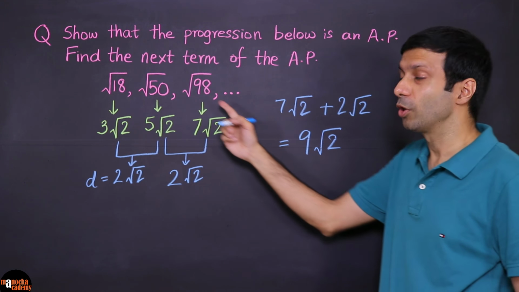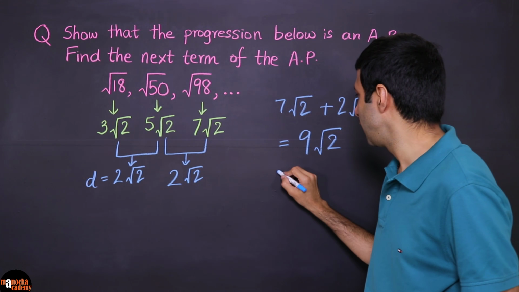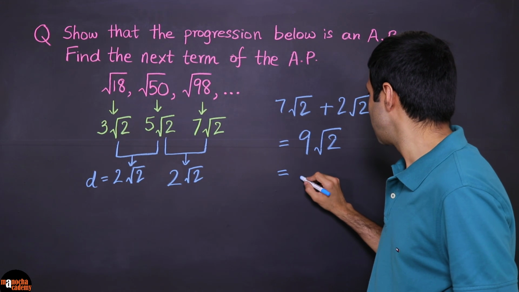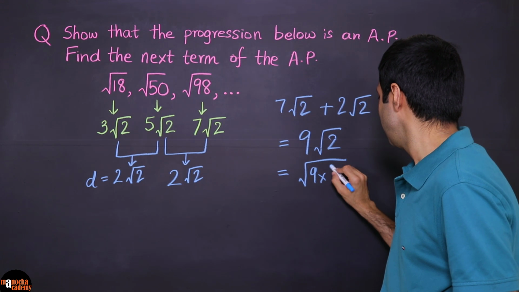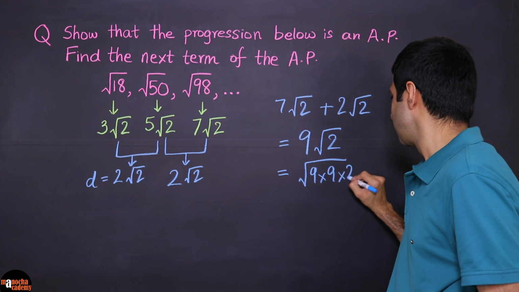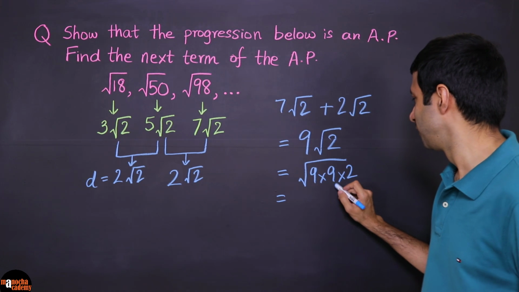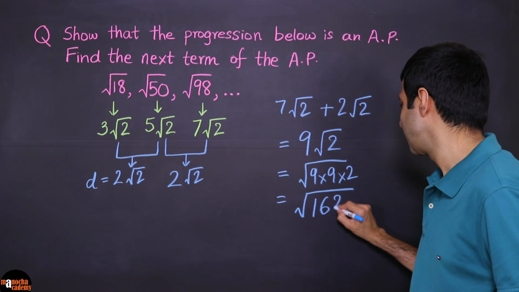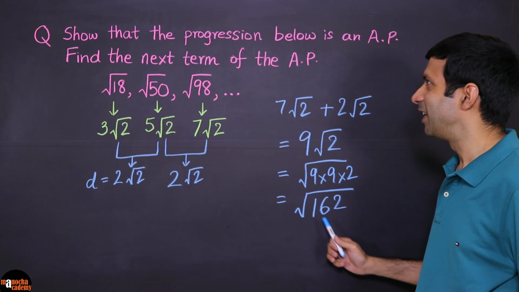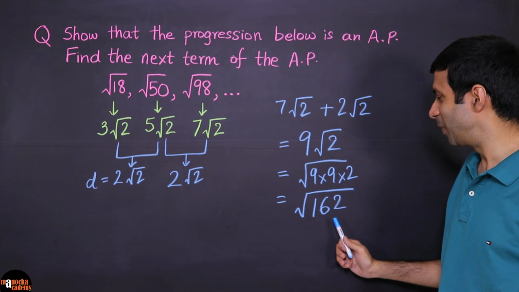And if you want to write it in this form, we need to take the 9 inside. So that's going to be 9 into 9 into 2. So the answer is going to be root of 162, right? So that's the next term of this arithmetic progression.